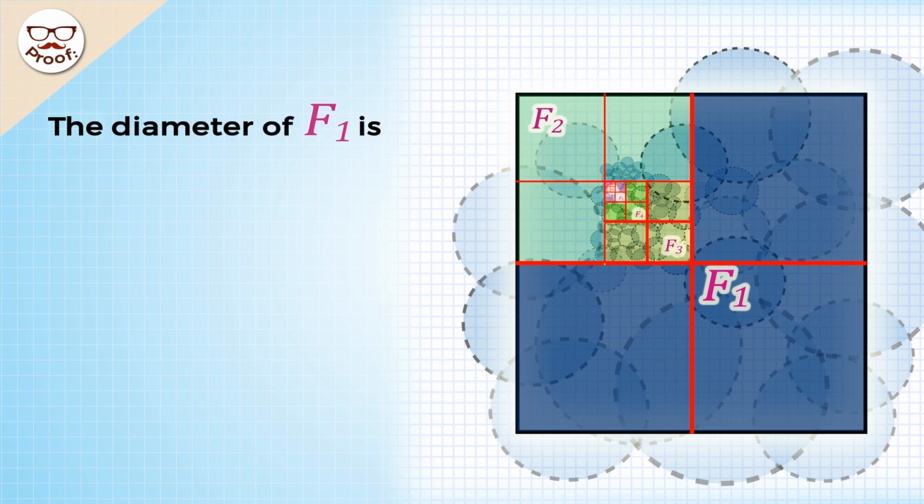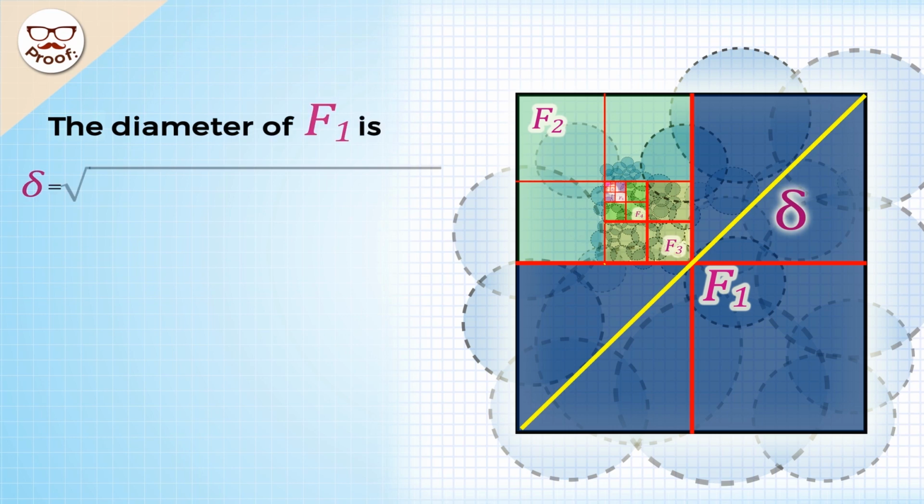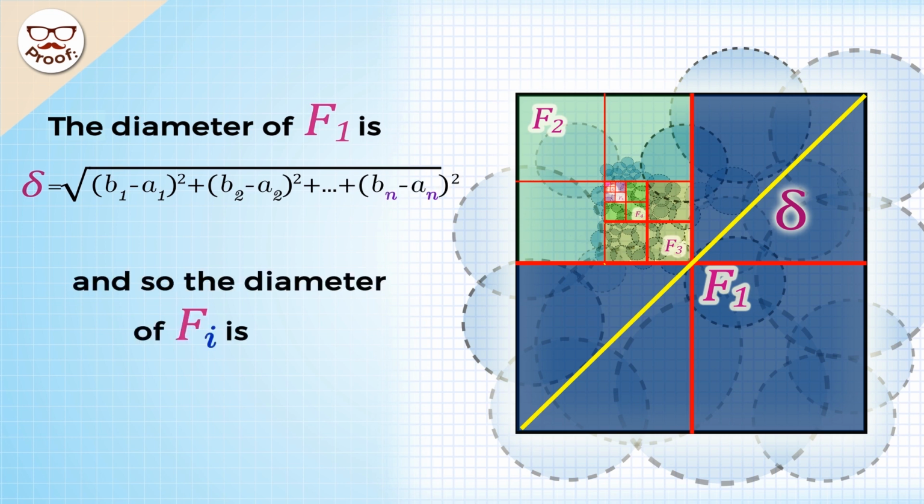Precisely, the diameter of F_1 is delta equal to the square root of (b_1 minus a_1) squared plus (b_2 minus a_2) squared up to (b_n minus a_n) squared. And so the diameter of F_i is delta divided by 2 to the i.